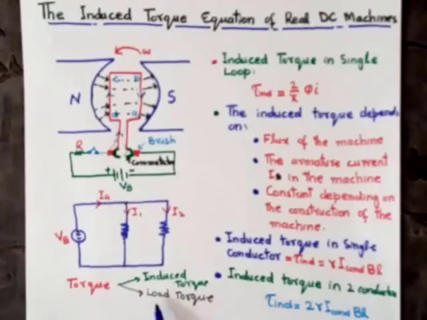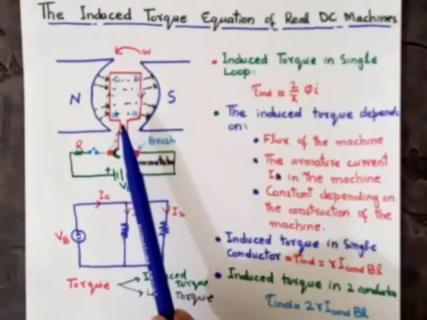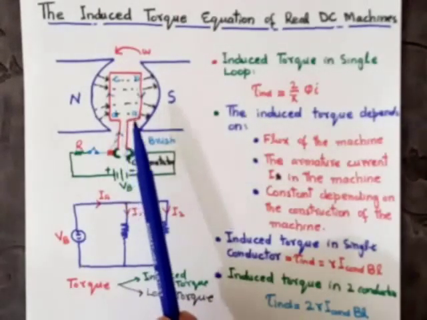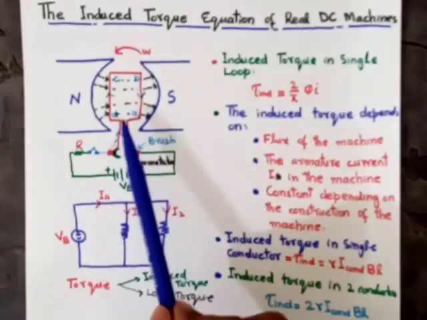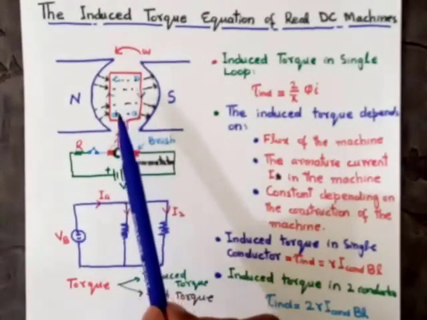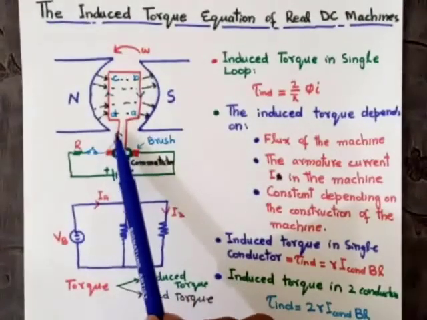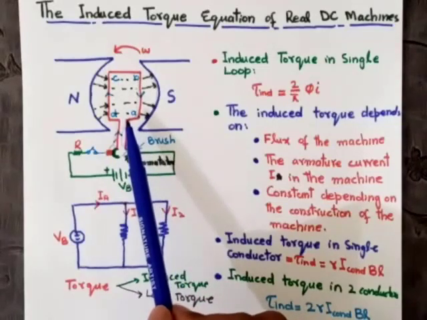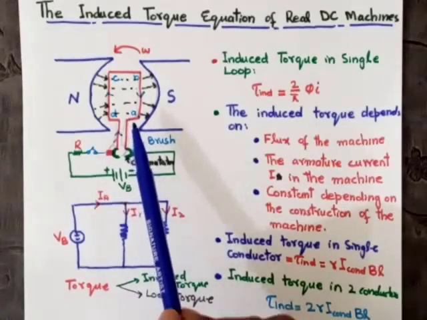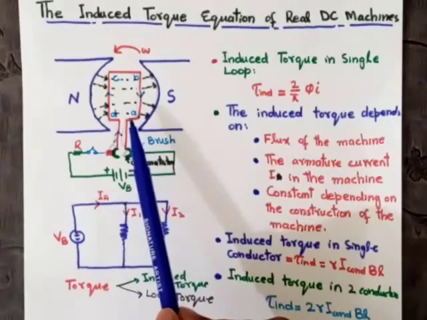In order to meet the load torque, the motor internally will generate a torque based on the current across the armature winding. That is called the induced torque.